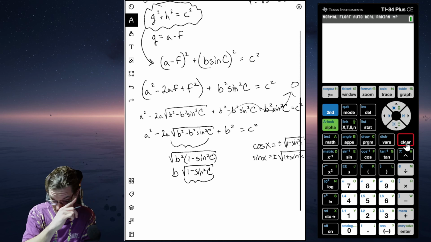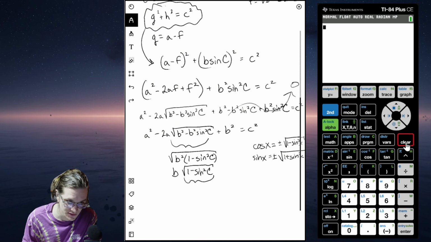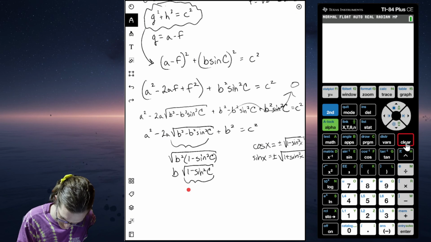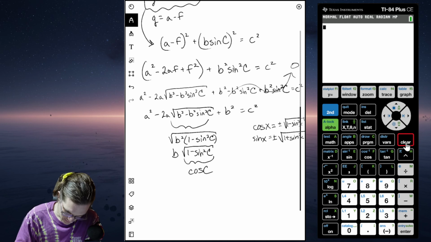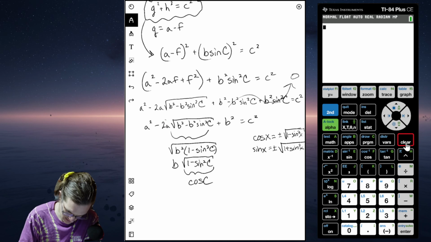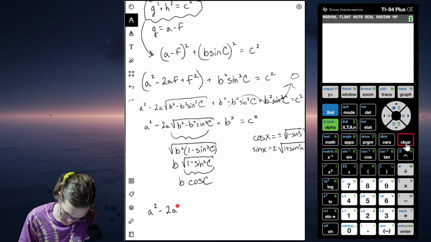And there's a lot of seemingly arbitrary substitutions going on, but this is what it takes to show that law of cosines is true. So I'm going to put that there. Cosine of c comes out quite nicely. So this piece right here I brought down. So I'm going to now have to bring this down. I'm going to say a squared minus 2a times, here I should put the b here as well, times b times cosine of c plus b squared equals c squared.